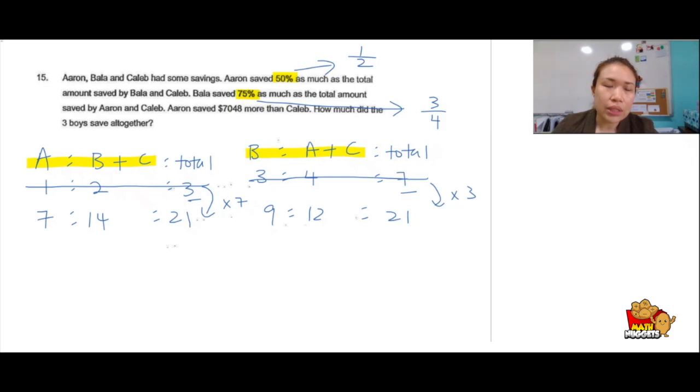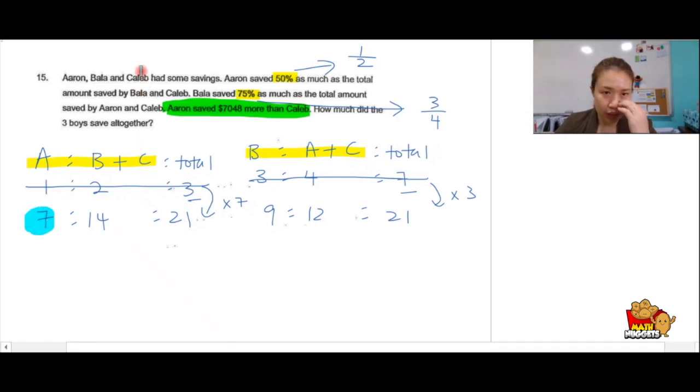Okay, the question tells us that Aaron saved $7,048 more than Caleb. So we're trying to find the difference between Aaron and Caleb. So we know that Aaron is 7 units. Now I need to find Caleb first. So I can take 14, which is Bala and Caleb, minus Bala. Bala is 9.